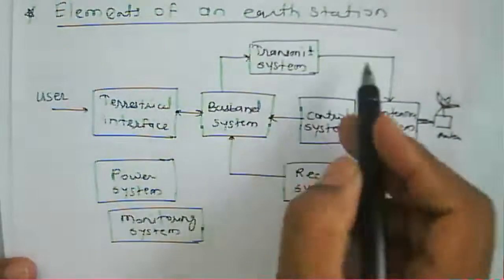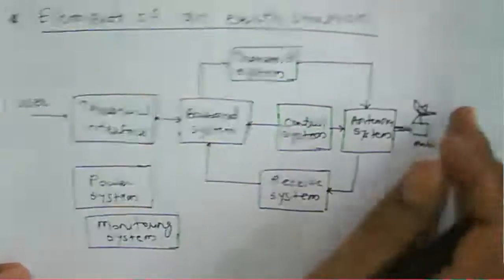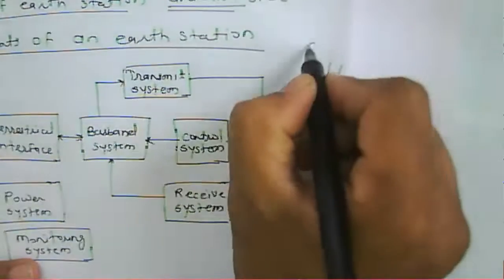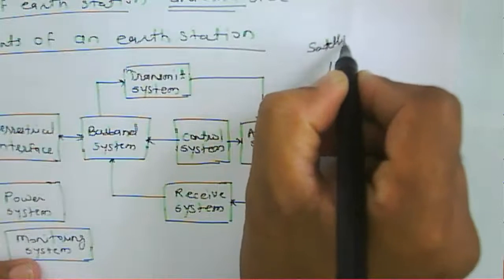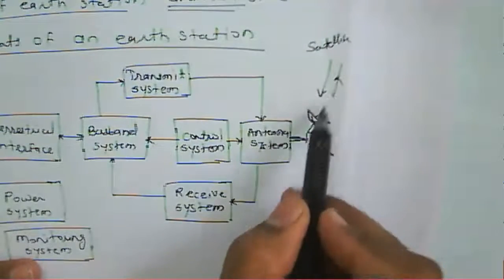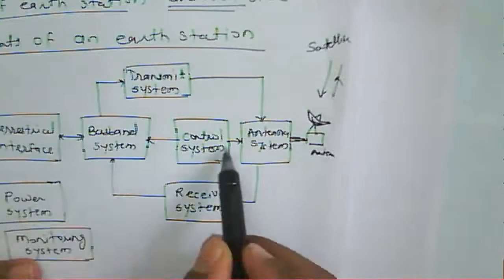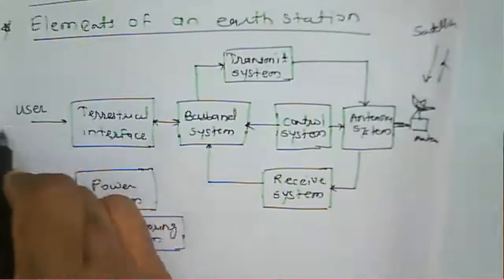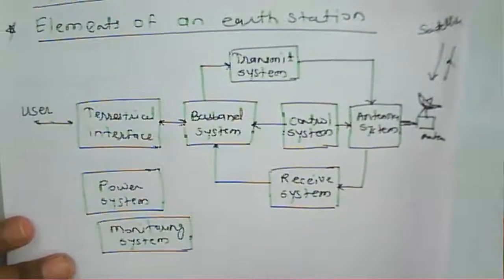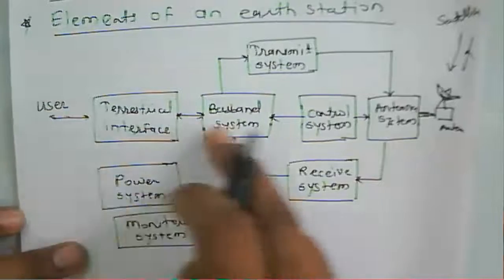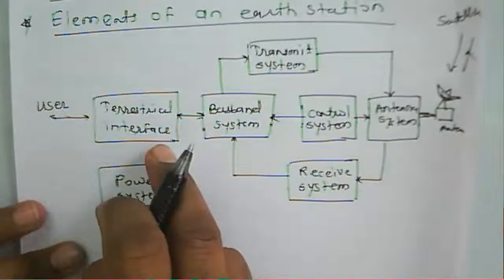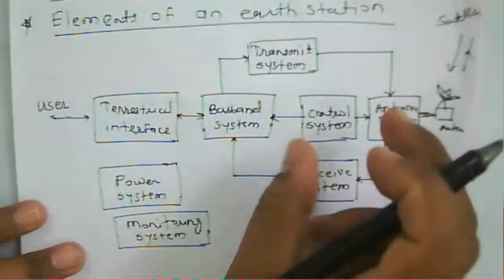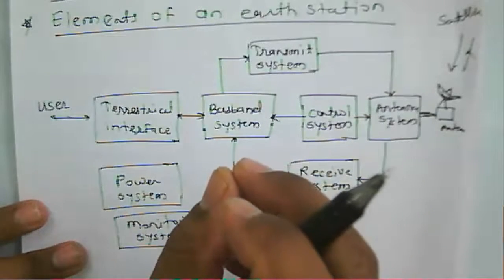And if any signal is received from the satellite, it will be received from this antenna, through this receive system, and then it will be transmitted to the users. Means both ways here. The earth station has a transmitter as well as a receiver.